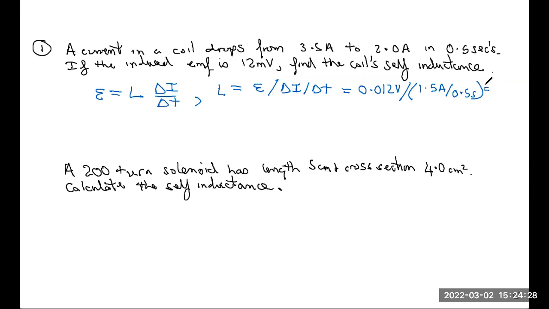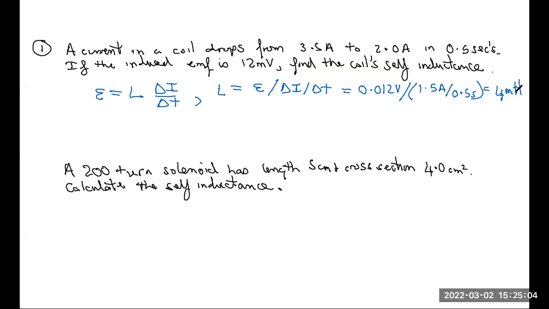Well, if I take 12 millivolts, divide it by 3, I'm going to get 4 millihenries, or 0.004 henries. So let me just write that as 4 millihenries. And so that, from that relationship between cause and effect, the changing current and the induced EMF, is the self-inductance L of the coil.